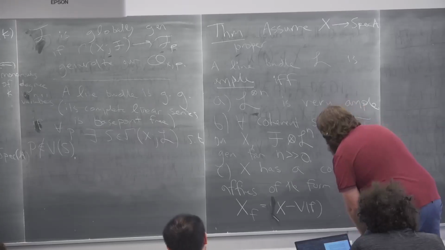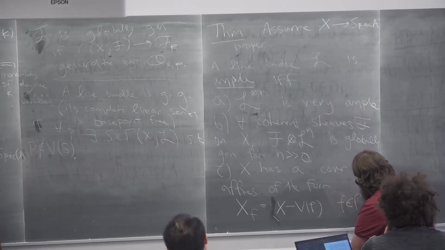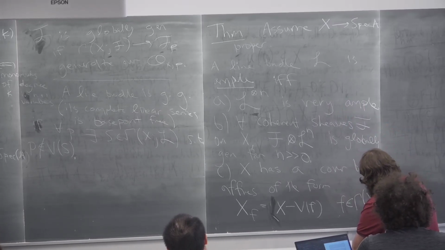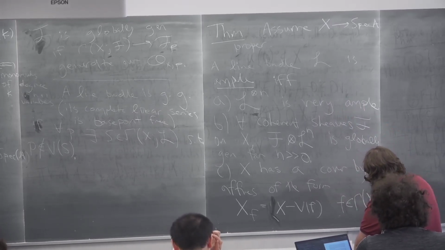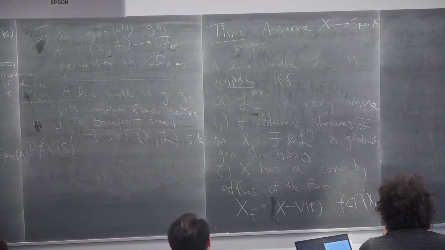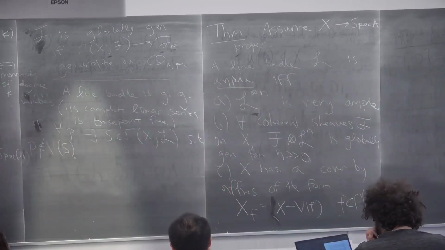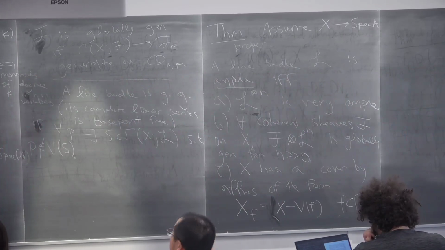And I need to add something important here, where f is a section of a power of L. So ample is always about powers because I'm looking at proj of S, right? And proj of S sees all degrees.